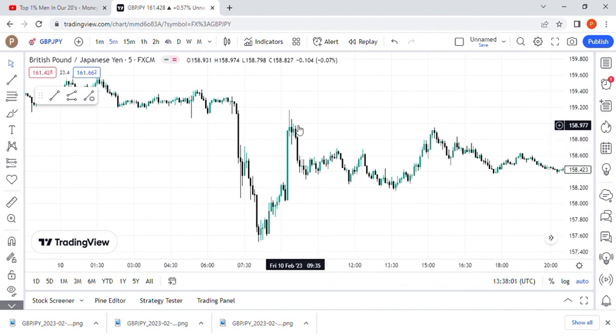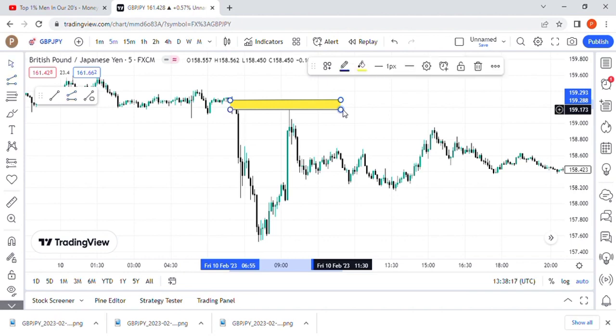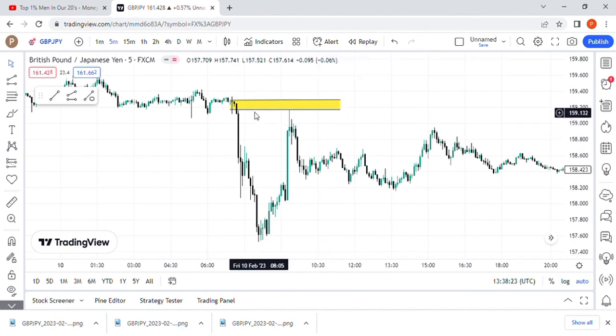The lower time frame, like 5 minutes, will always present you with a clean supply and demand zone setup every day. Let me quickly go to the chart. You can see, when looking for a supply and demand zone in the market, you have to look for the area of the big move.